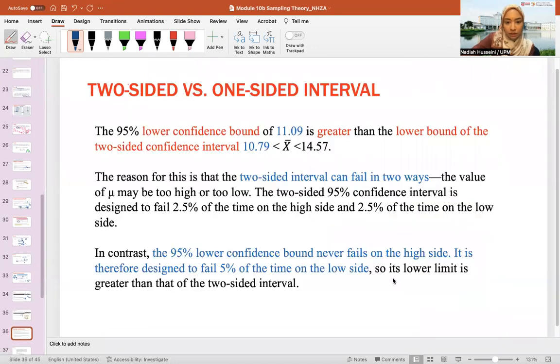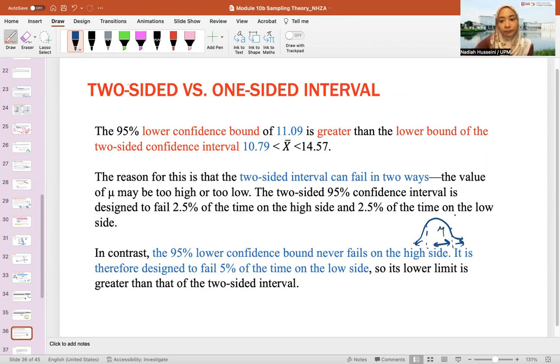So let's try to explain why. The 95% lower confidence bound is greater than the lower bound of the two-sided confidence interval. The reason for this is the two-sided interval can fail in both ways. What does it mean by failing? It means that your population mean is not within your confidence interval. You want your mean to be inside your interval, right?